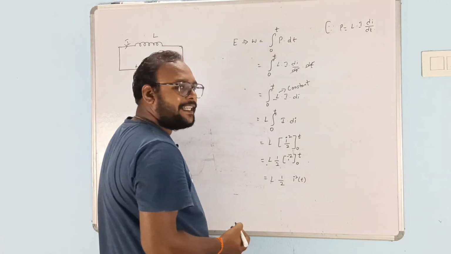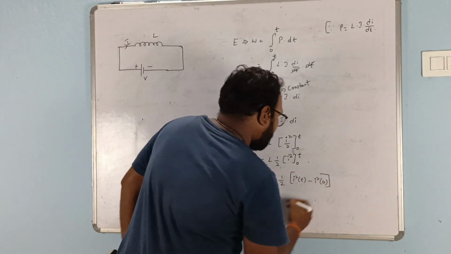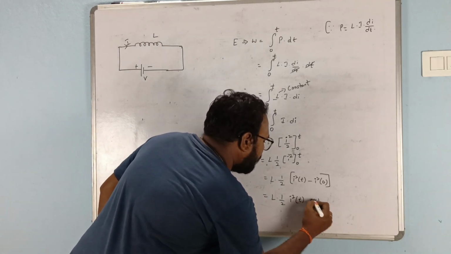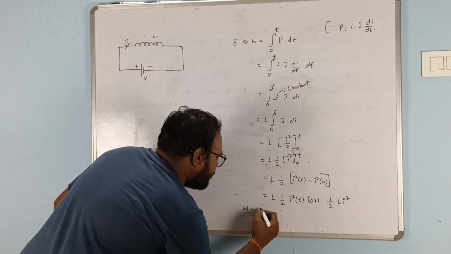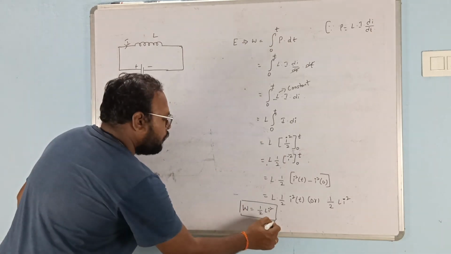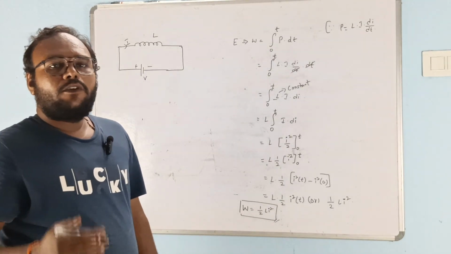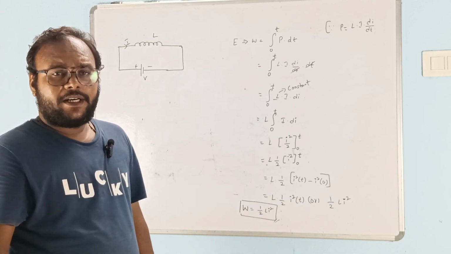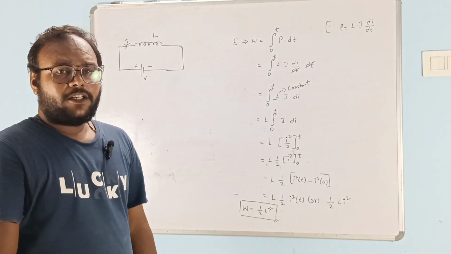Substituting the maximum limit minus the minimum limit, we get half L I square. So finally, work done is equal to half L I square. This is all about the inductor. In this video, we saw the voltage equation, current equation, power dissipated from the inductor, and the work done by the inductor.